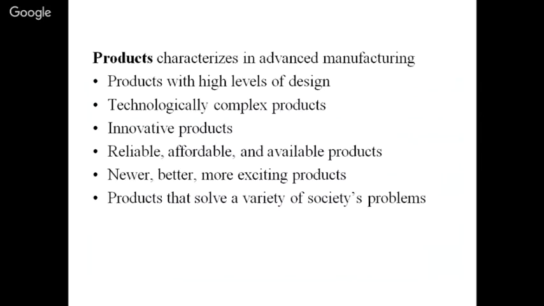Even product characteristics in advanced technology, say products from a high level of design, technologically complex products, innovative products, reliable, affordable, and available products, that is also very important. And newer, that is newly, not exactly a modification of the existing, better, more exciting products, and products that solve a variety of society's problems. That means the society needs today.